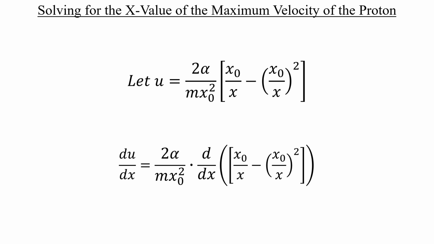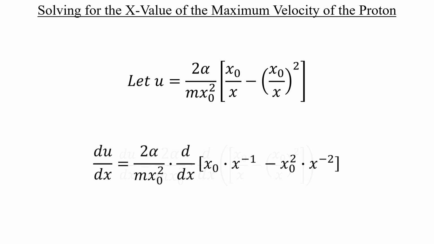Now it looks challenging, but if you change the expression to use exponent notation instead, it's pretty clear that we only need to apply the derivative power rule here. The x-naughts are just constants, and so the derivative doesn't care about those.